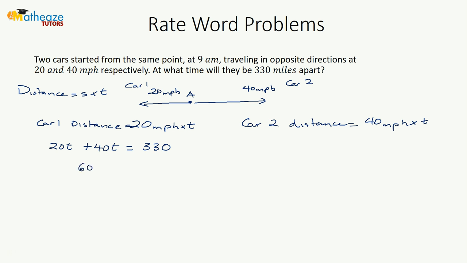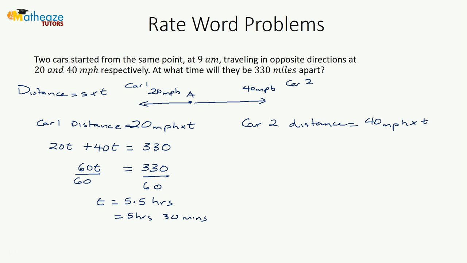So 60t is going to be equal to 330. So we divide by 60 on both sides, and so t is going to be 5.5 hours, or we can write this as 5 hours and 30 minutes.